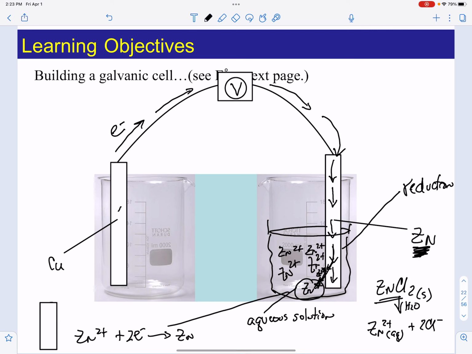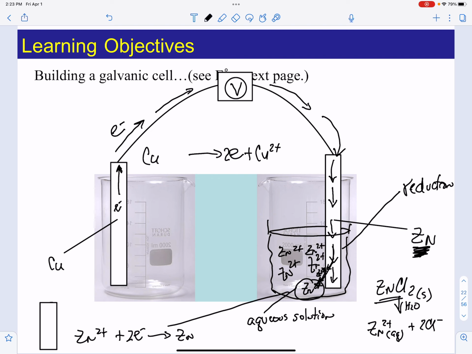And since the electrons are leaving from the copper, then this is nothing more than the copper losing electrons. We're going to say that this is copper losing 2 electrons, becoming copper 2 plus.